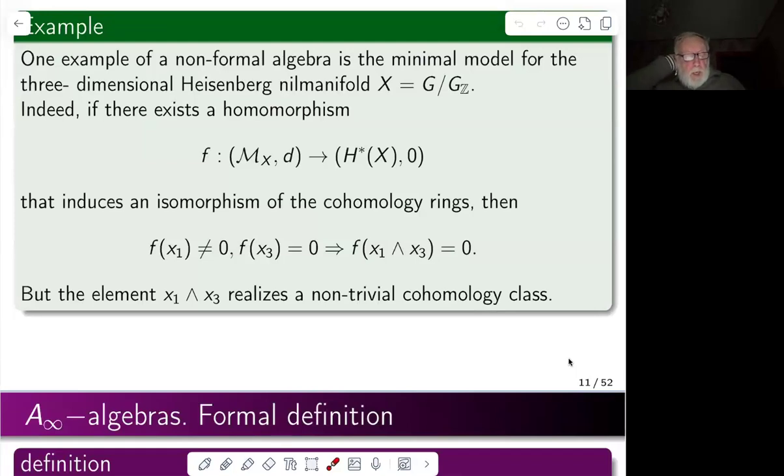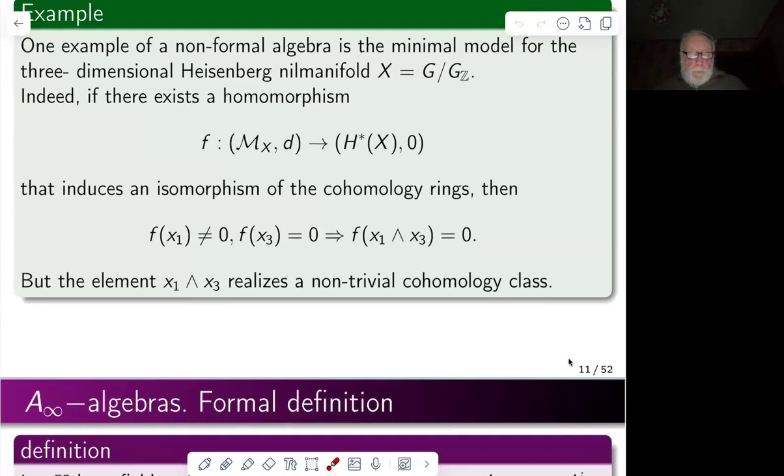Then there was a long story of the relation between formality and the existence of simply connected non-formal manifolds. And as far as I know, even now this problem is not completely solved. Because, first of all, there was a conjecture that if you have simply connected manifolds, they are always formal. But then many people, and in particular in Moscow, Babenko and Taimanov, proved that it is not true if the dimension is bigger than 8.